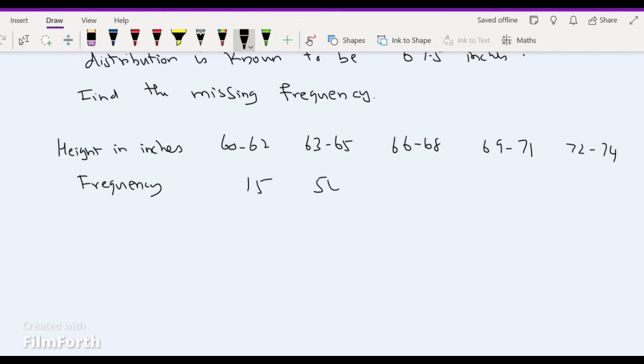Frequency 15, 54, you have to find the missing value, 81 and 24. In this problem the class intervals are 60 to 62, 63 to 65, 66 to 68, 69 to 71, 72 to 74. But the frequency for 66 to 68 is missing. So we have to find the missing frequency.